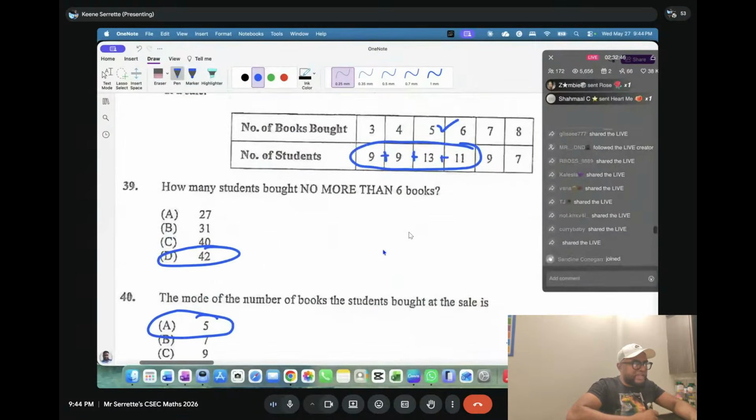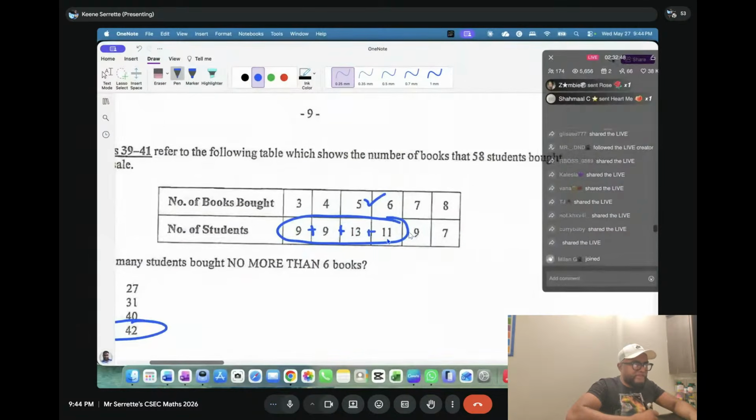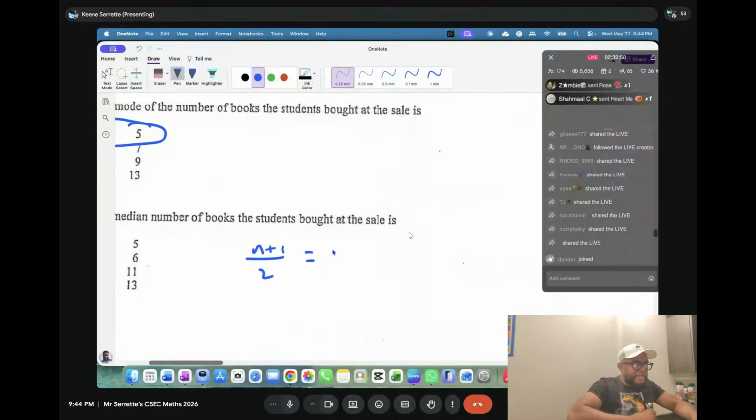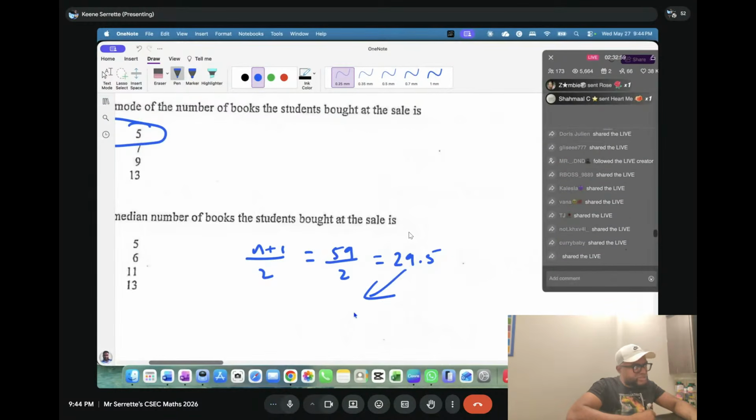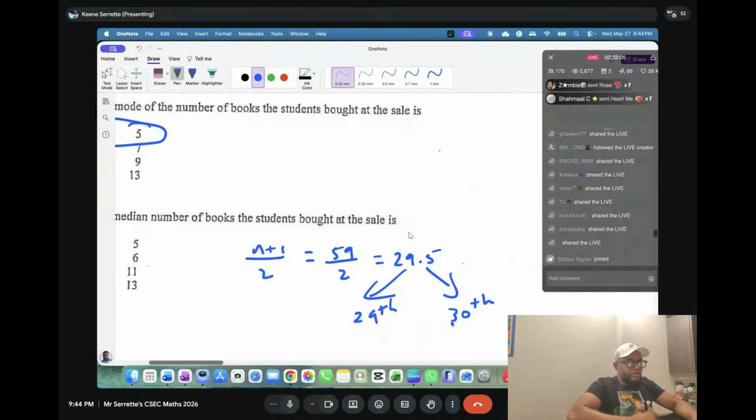How many students in the class? 58. So we're looking at 59 over 2, which will be 29.5. So we're looking for the 29th student and the 30th student. It's in between that. Whatever the 29th student got plus whatever the 30th student got, divided by 2.